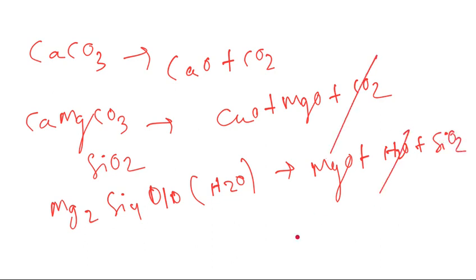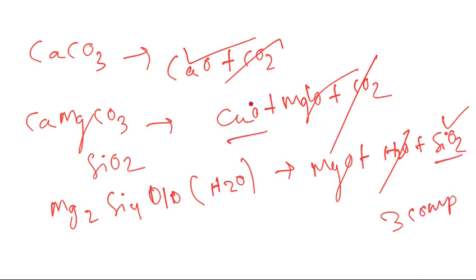Total H2O and CO2 are not considered as components. CaO is 1, MgO is 2, SiO2 is 3. Okay, three components are there. They are SiO2, CaO and MgO. Clear everyone?